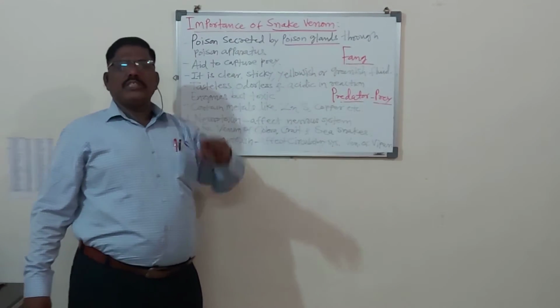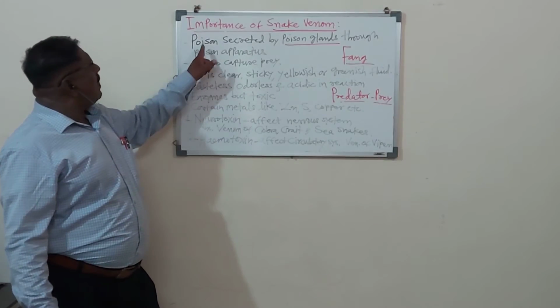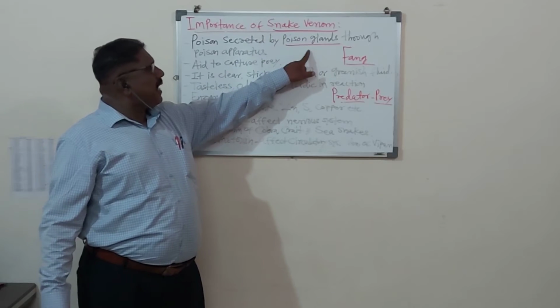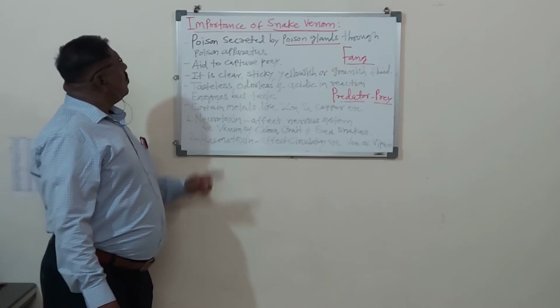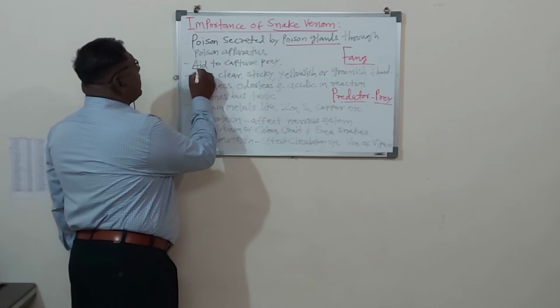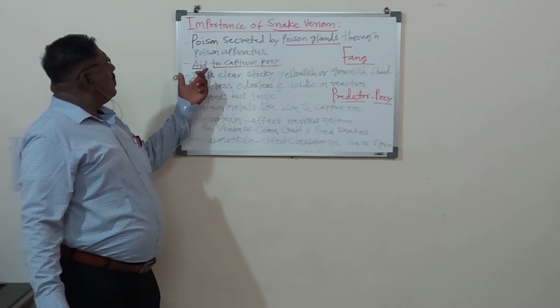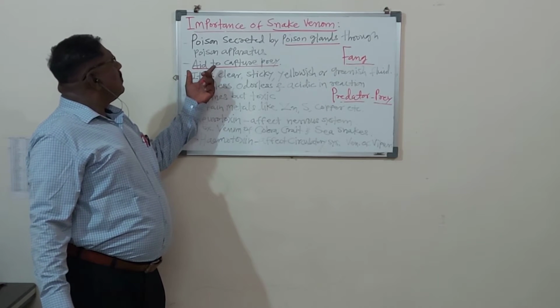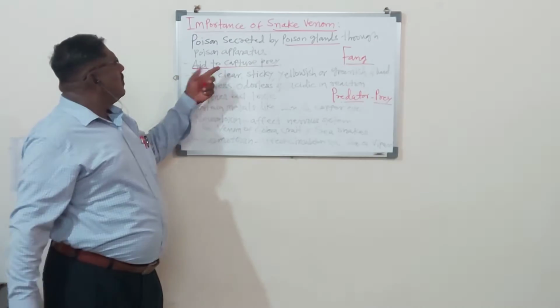Venom is nothing but poison. Venom means poison. So remember, poison is secreted by poison glands through the poison apparatus. Now snake venom is an aid to capture the prey. I have already told you the snake venom is used as an aid for catching the prey.